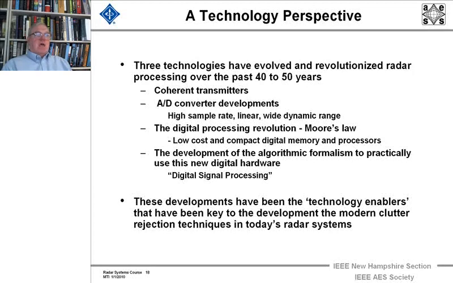And after that, there have been leaps and bounds since the 70s in this signal processing revolution for radar. These developments, as I said, have been the initial key technology enablers for today's modern radar clutter rejection techniques.